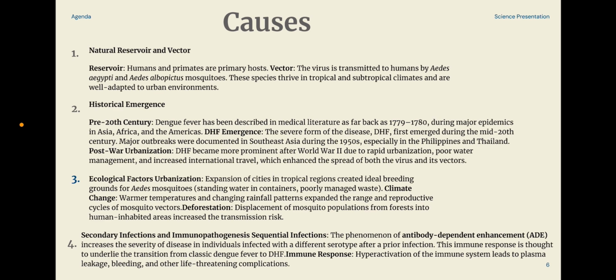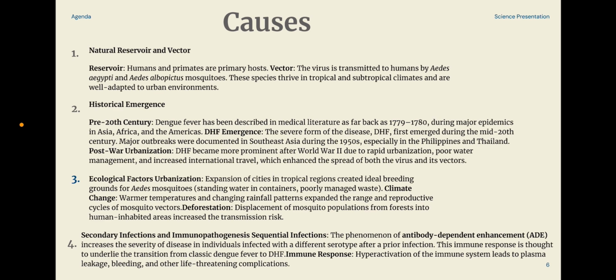Secondary infection and immunopathogenesis. Sequential infections: the phenomenon of antibody dependent enhancement increases the severity of disease in individuals infected with a different serotype after a prior infection.